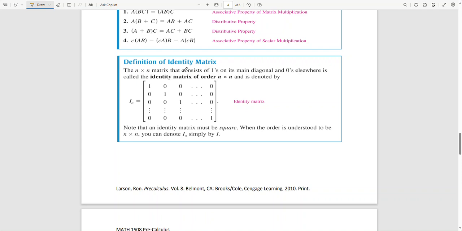A square matrix that consists of 1s on the diagonal and 0s elsewhere might remind you of Gauss-Jordan elimination. It's called the identity matrix of order n by n, and we abbreviate that as I sub n. An identity matrix must be square. And if we already know we're working with 3 by 3 matrices, we could just call it I because it's assumed to be I3.